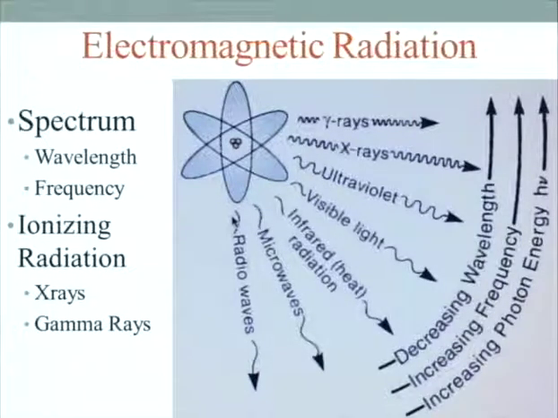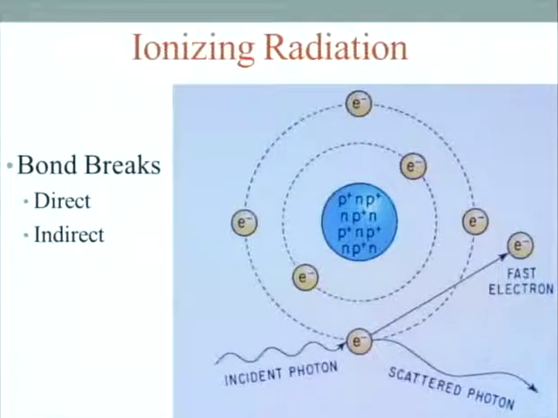So that's why they're called ionizing RT. And this is an example of an X-ray or gamma ray interacting with an atom. If it possesses enough energy, it's able to ionize that atom, interacting with an outer shell electron, ejecting that electron, and that electron can then go on to produce subsequent ionization events.